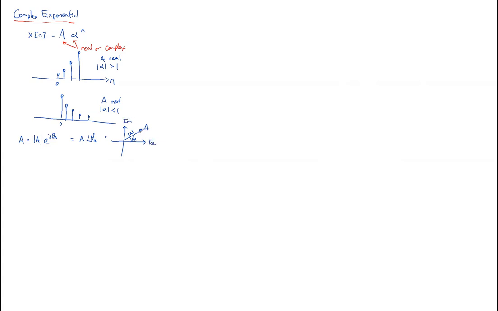Sometimes it's easier to think back in the way you first learned about complex numbers in high school. It has a real part of whatever this number is. You could figure it out.